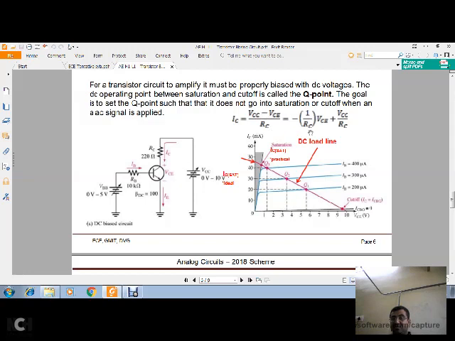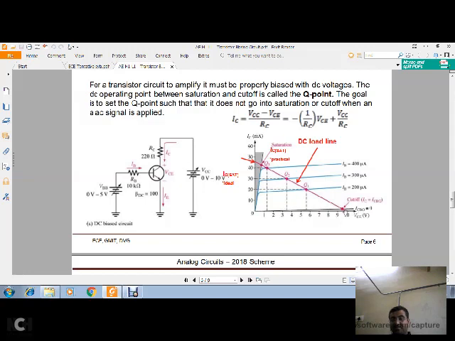If you split up this equation, you get two terms: this is the slope of the DC load line, and this is the magnitude VCC by RC. This is the maximum possible IC current, and this is the lowest current.